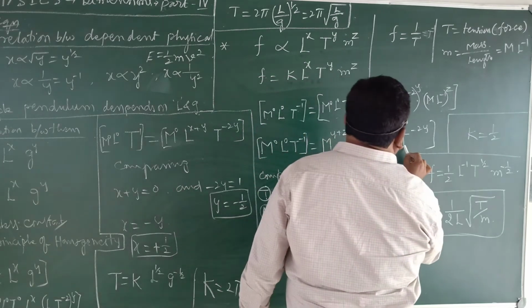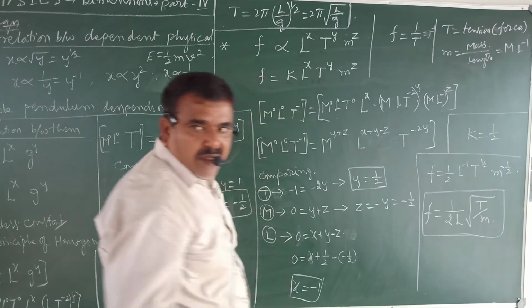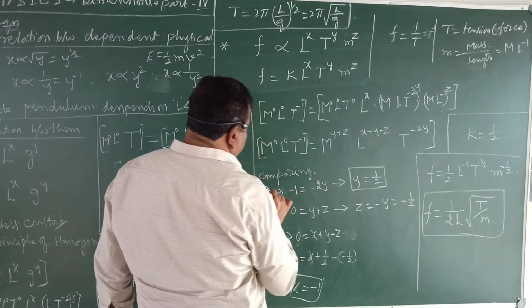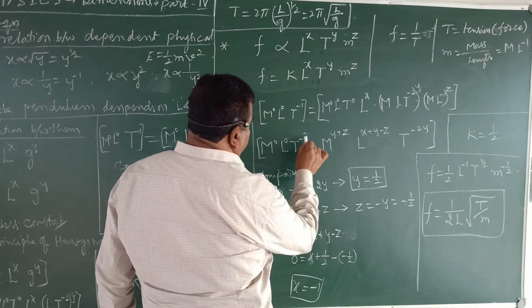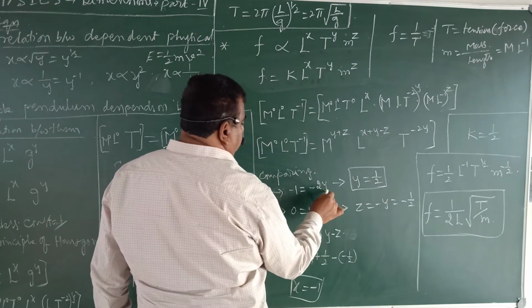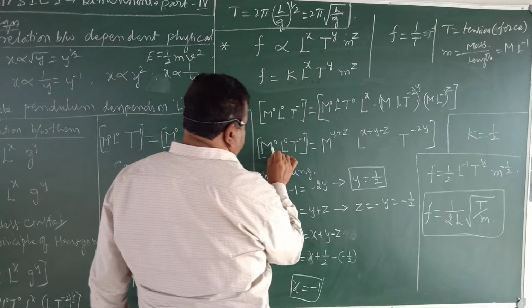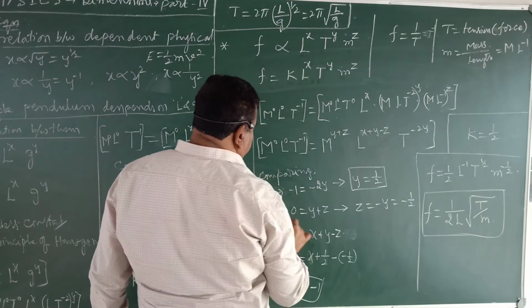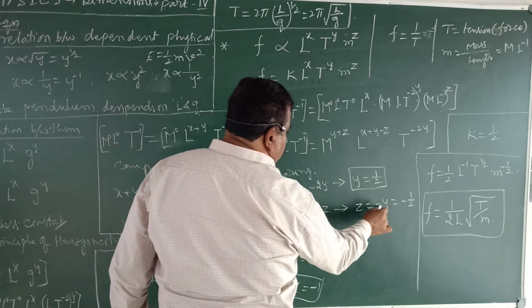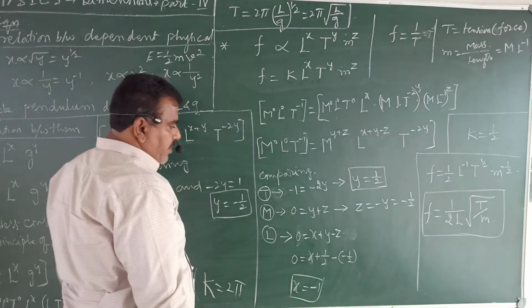Then T power minus 2y. Comparing the dimensions of time, here it is minus 1, here it is minus 2y. Therefore y equals half. Comparing the dimensions of mass, y plus z equals 0, then z equals minus y, which is minus half.